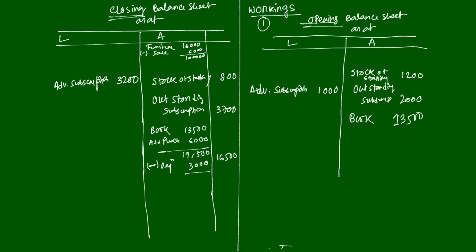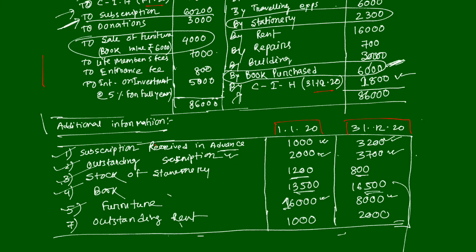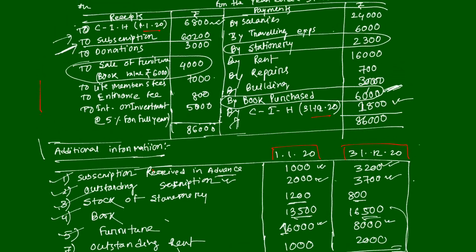Sorry, 10,000 less depreciation 2,000, 8,000 is your closing. So like this, furniture will be written on your opening balance sheet. Furniture, what is the value? 16,000. In your opening balance sheet, always write the opening balance. In your closing balance sheet, you have to calculate the adjustment also. So 16,000.